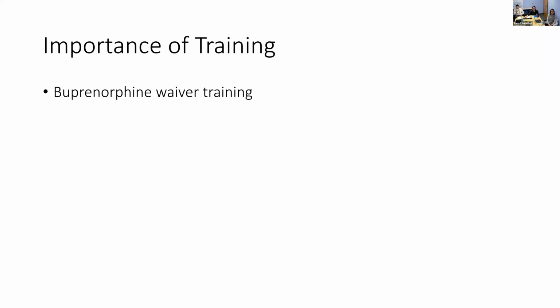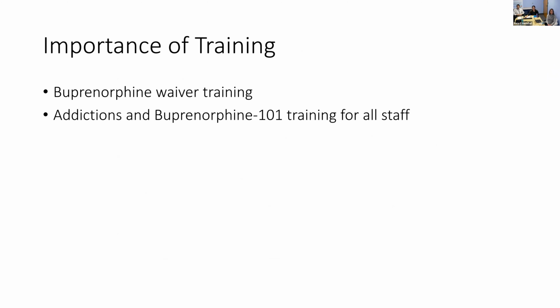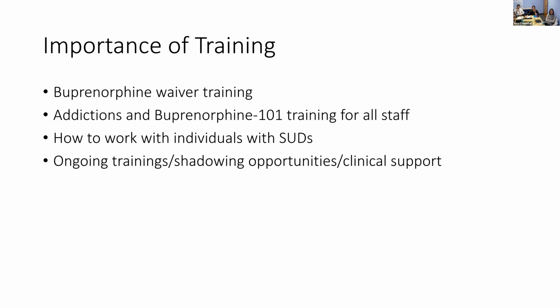So the importance of training. The buprenorphine waiver training was key again to this process. There was addictions and buprenorphine 101 training for all staff. So again, going back to the importance of that PAN education for the site. Also talking about how to work with individuals with substance use disorder. I think addressing things such as stigma in this population, all of that as part of their general education.